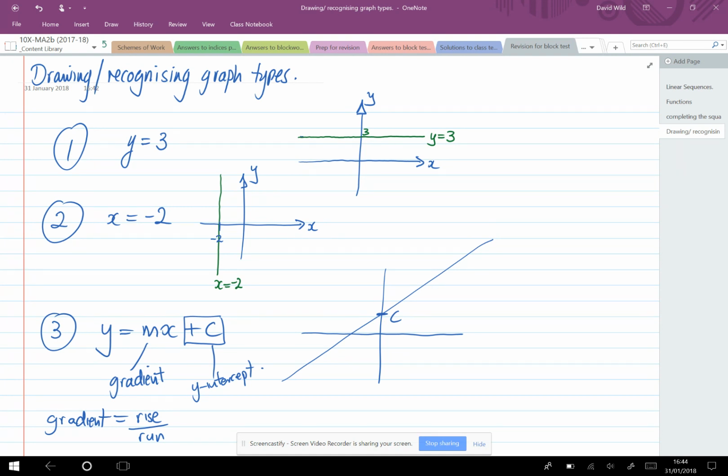Remember that positive gradients are going up, bottom left to top right. Now, I always remember that if you put your right hand up in the air, I am absolutely useless at drawing, but let's say we've got some chap here sitting in class and they put their hand up in the air. I know the answer to this.